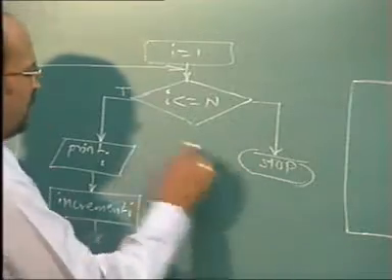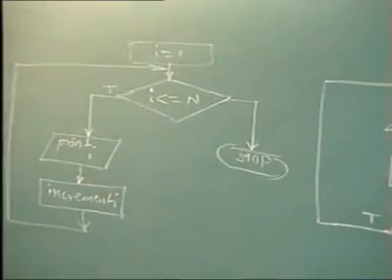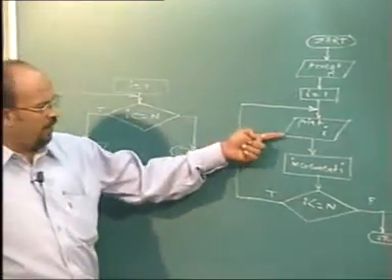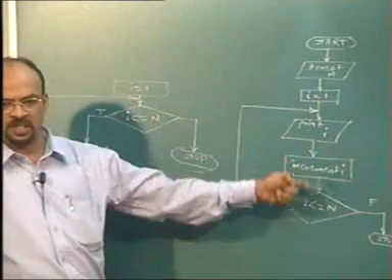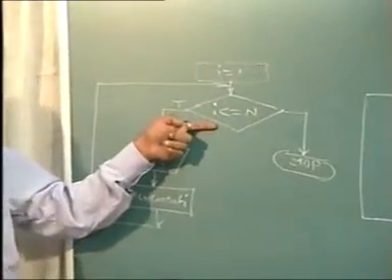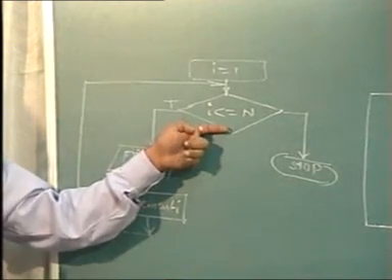What has happened? I have simply shifted this particular condition block to before it. If you see the sequence, print, increment, check, print, increment, check. Here it is check, print, increment, check. So the rest of the sequence remains the same.